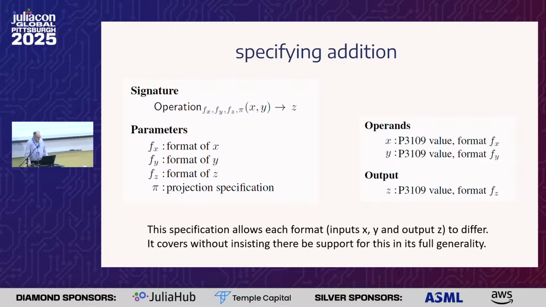It means that each input can be of its own format. Again, we don't require that a conforming implementation support all possible combinations. They can pick one or two. That's perfectly fine. But the specification itself covers all combinations.